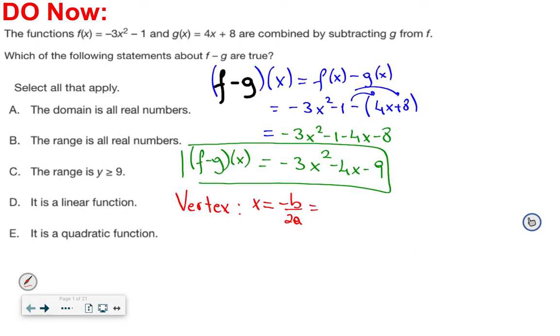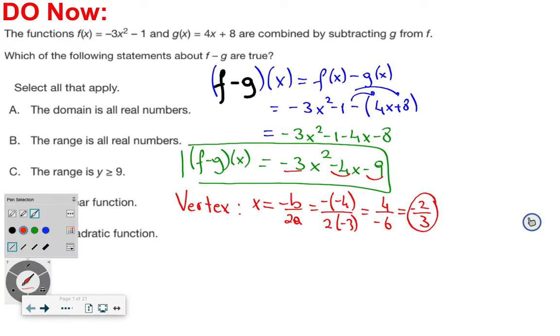We know that a is negative 3, b is negative 4, c is negative 9. Substitute negative times negative 4 over 2 times negative 3, which is equal to 4 over negative 6, which is equal to negative 2 over 3. If we simplify by 2, you will get negative 2 over 3. This is the x coordinate of the vertex.